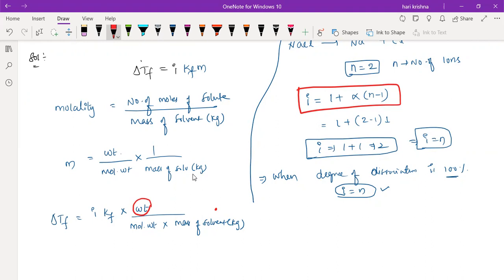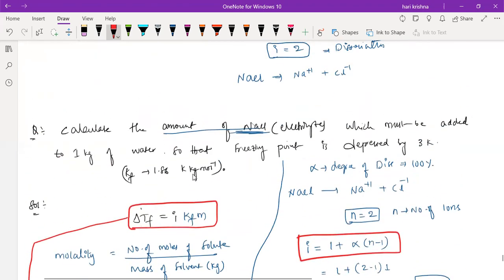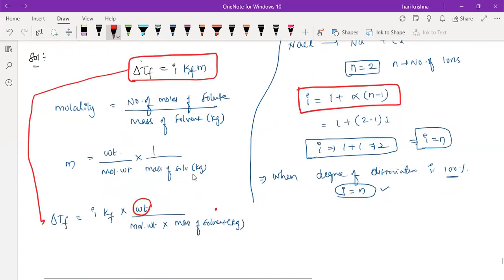Just expand the formula here. This delta Tf equal to i Kf m is there, right? I expanded this formula completely in this step. Delta Tf equal to i Kf, molality is equal to weight by molecular weight by 1 by mass of solvent in kgs. Now they are asking the amount of solute, so amount of solute means that is a weight.